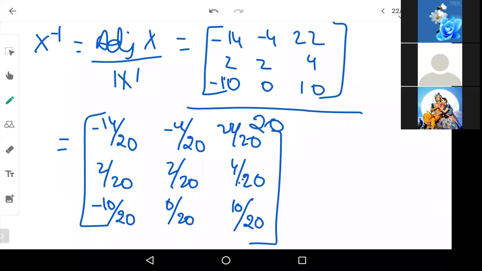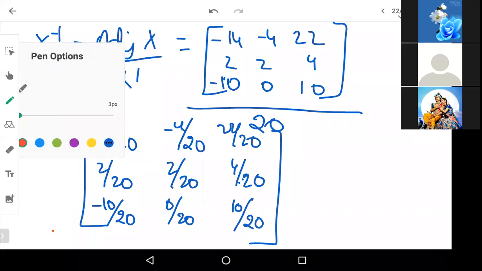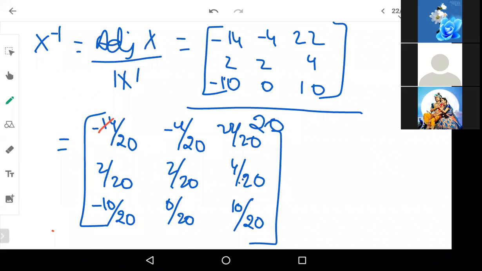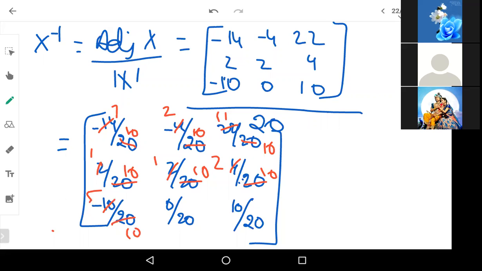Now I think we can do some cancellation here. 2 sevens are 14, 2 tens are 20, 2 twos are 4, 2 elevens are 22, same thing, 2, 10, 5, 10, this is anyway 0. So 5 and 10. So therefore x inverse, what do you get as x inverse?